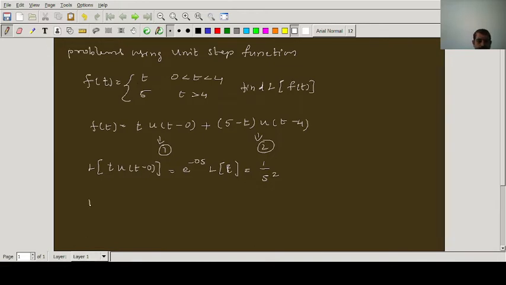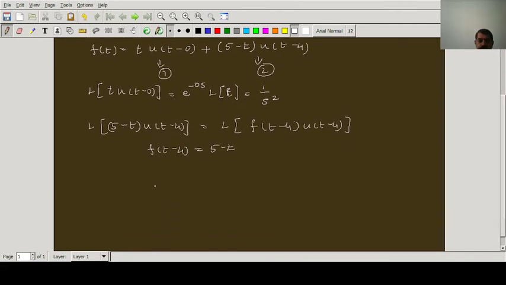Similarly, Laplace of 5 minus t into u of t minus 4. This is the form of Laplace of f of t minus 4 into u of t minus 4. So here f of t minus 4 is nothing but 5 minus t. We cannot find out the answer unless we modify f of t minus 4 as f of t.